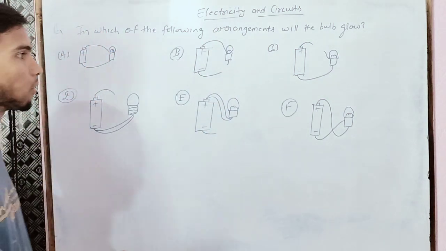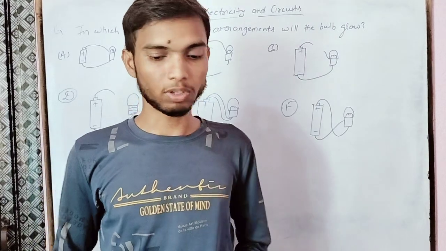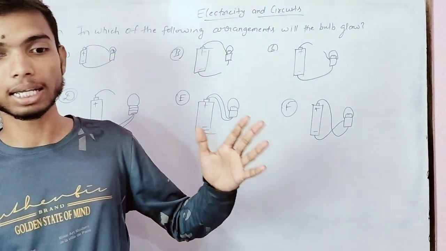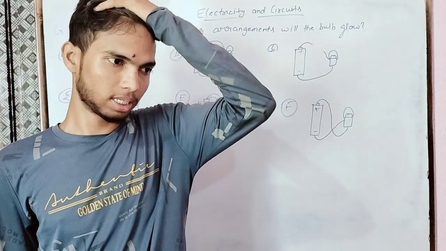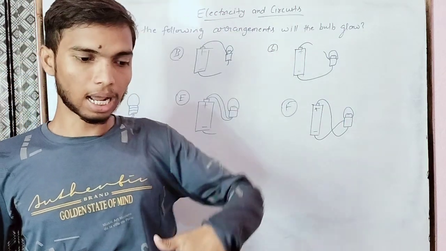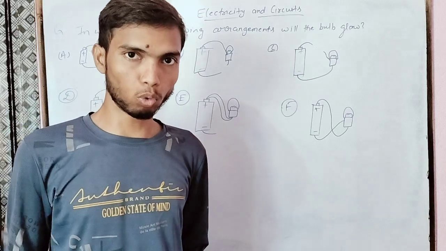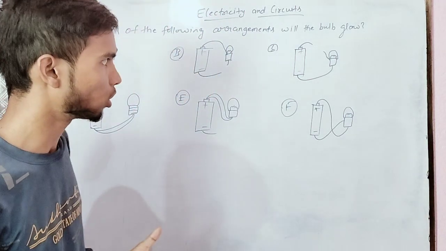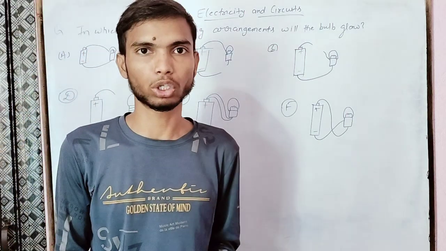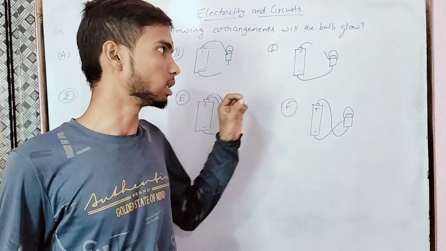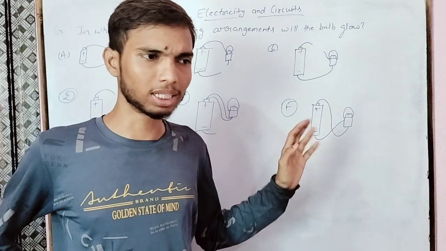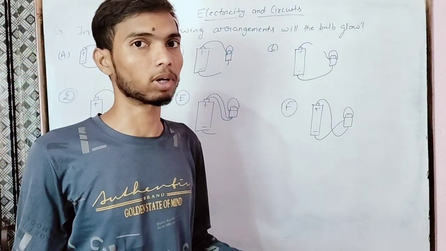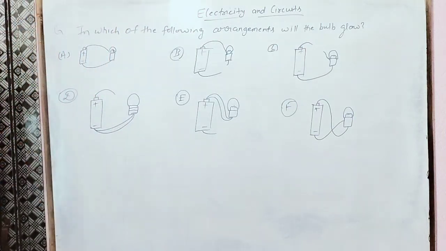We have to find which electric circuits can allow the bulb to glow. So in which figure will the bulb glow? This is what you have to tell.